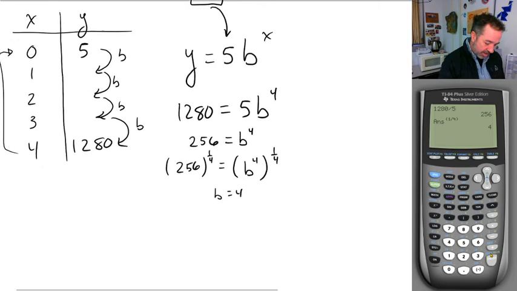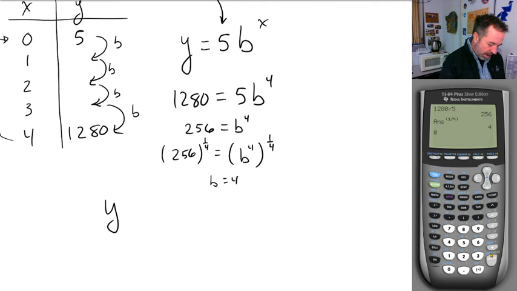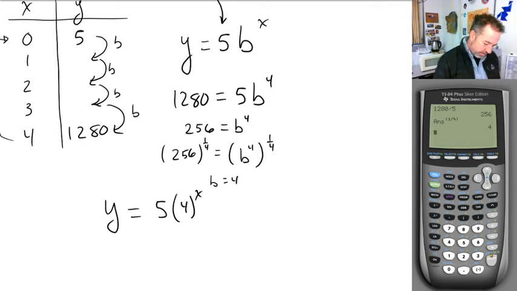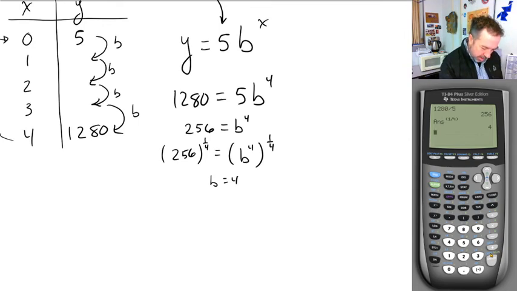So my equation is y equals 5 times 4 to the x power. Let's write that again. We know a couple things. We know that our 0th term is 5, and we're using that here and here. By solving this equation, we're able to identify what our multiplier is. We're multiplying by 4 repeatedly, because when I evaluate this, that gives me just b.